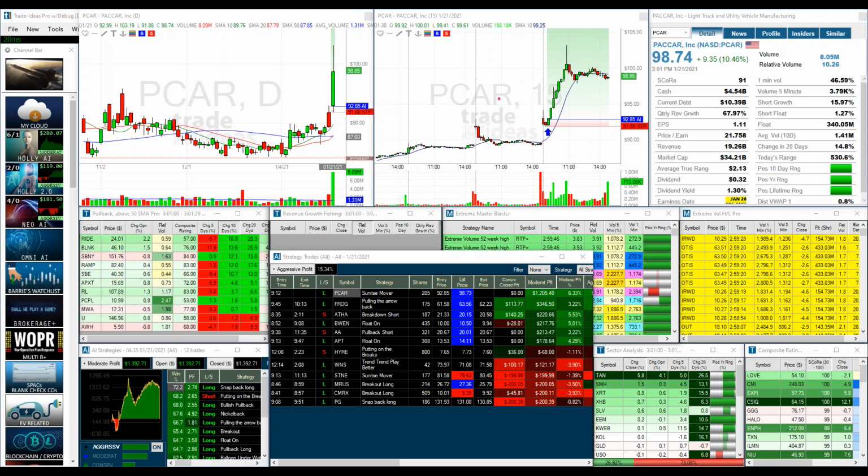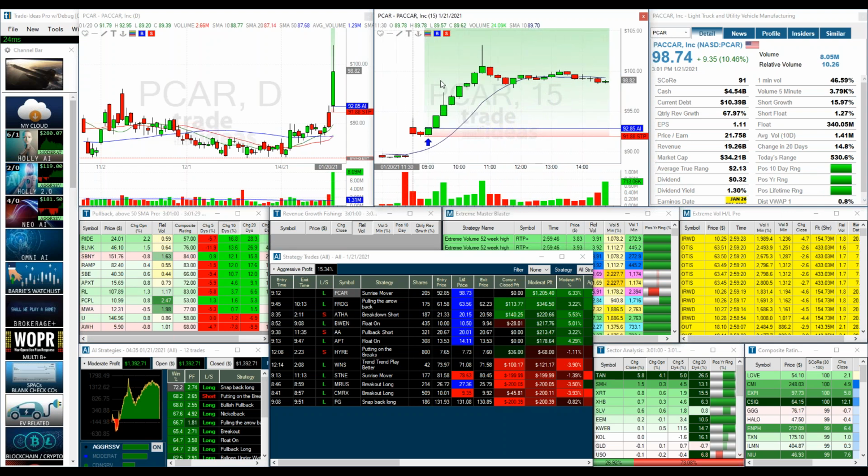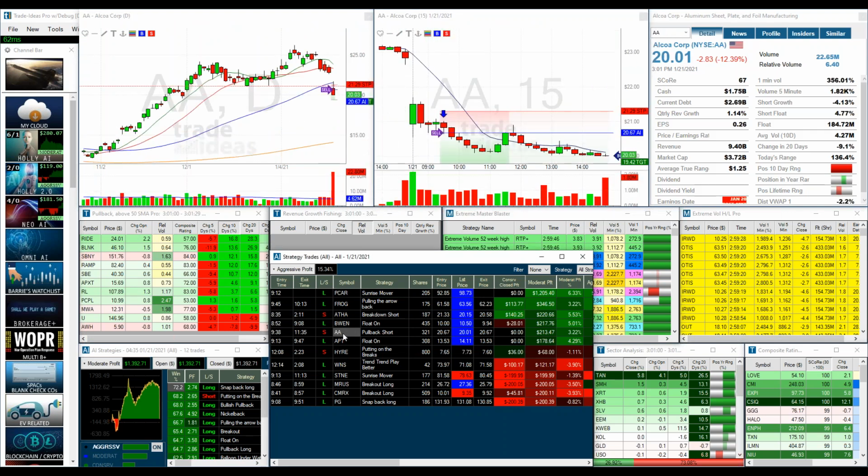We do have another, let me clear this off and get back on my pointer here and zoom in. It was a short, it may have been Alcoa. Yeah, here's another good example right here in a 15-minute chart. Alcoa did not have a bar reversal for 1, 2, 3, 4, 5, 6, then we had a little doji, not as predominant as a wicking tail, but still, it stopped going down on this bar right here.